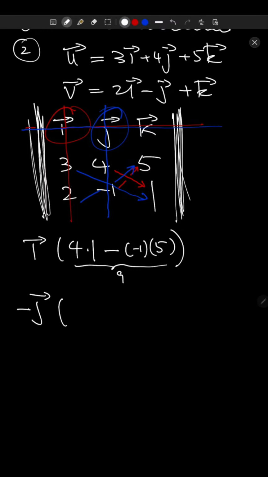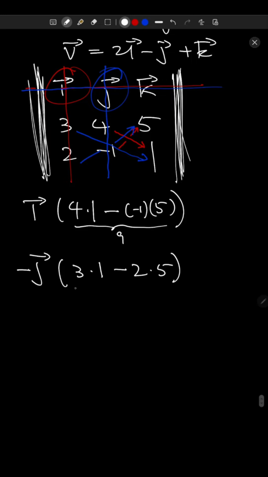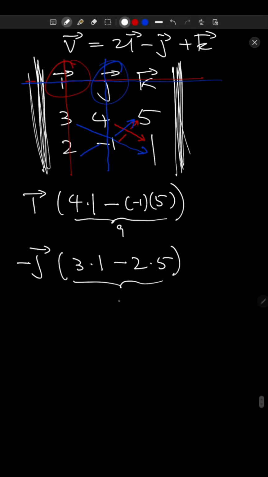So 3 times 1 minus 2 times 5. What is that? That's minus 7. And then, of course, remember we have this minus sign out here.